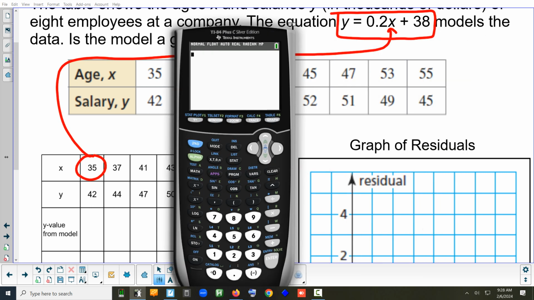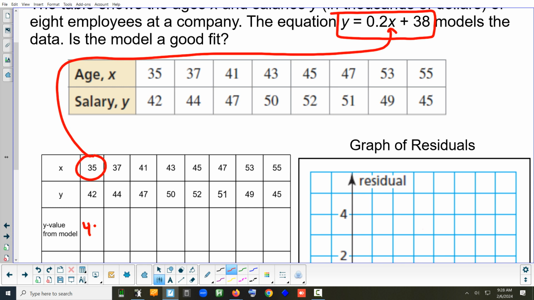So you want to type 0.2, hit the times button, 35, and then do plus 38. So what did people get for their first y value from the model? 45. That is the correct answer. If you didn't get 45 for your first one, you made a mistake.